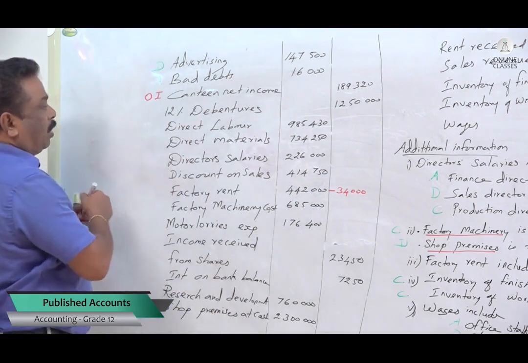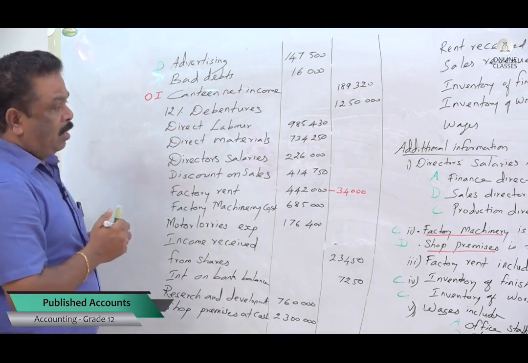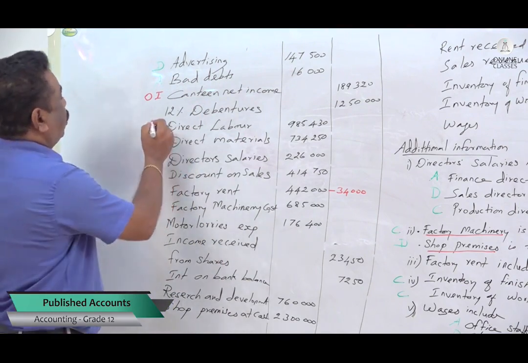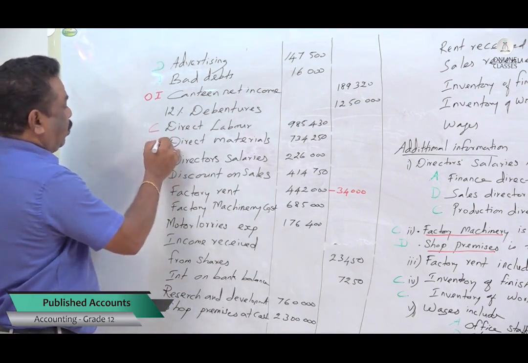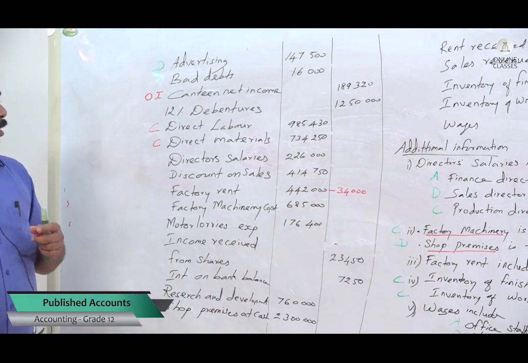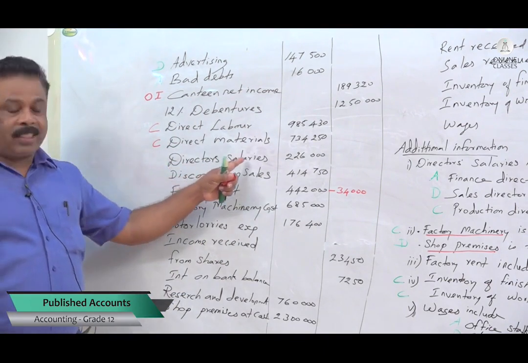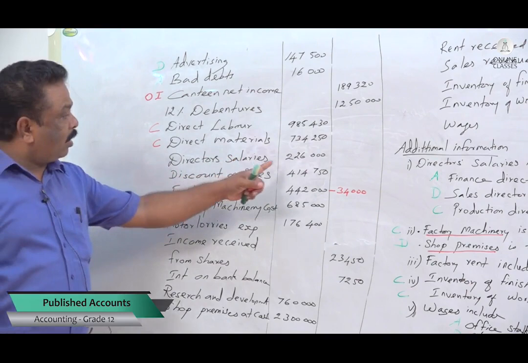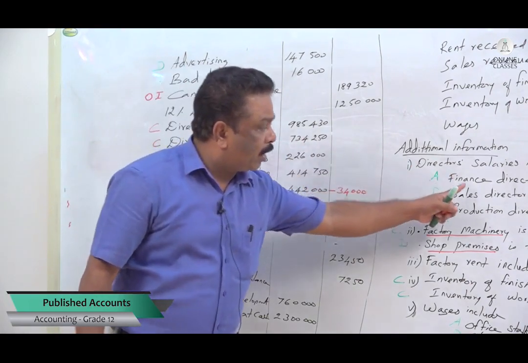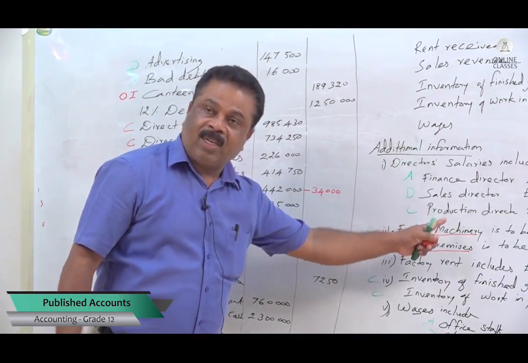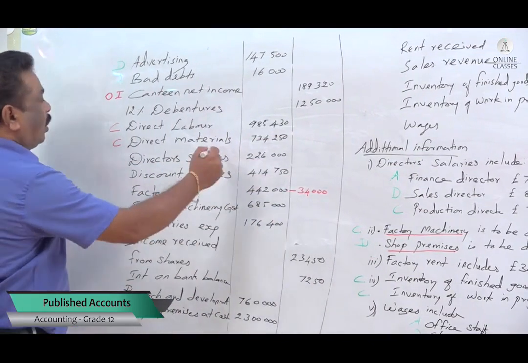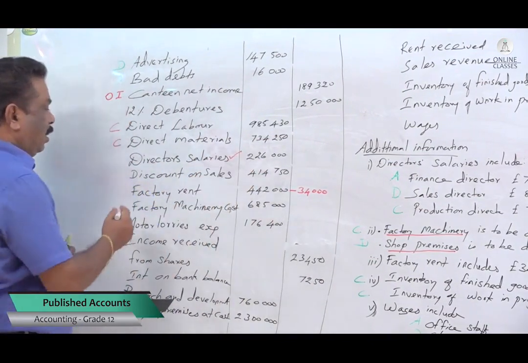So leave that part. Next, direct labor. Direct labor is a cost of sales. Direct materials, again cost of sales. When we talk about the directors' salaries, this total has already been apportioned between the three, so there is no need to take it again. This is already over, leave that.